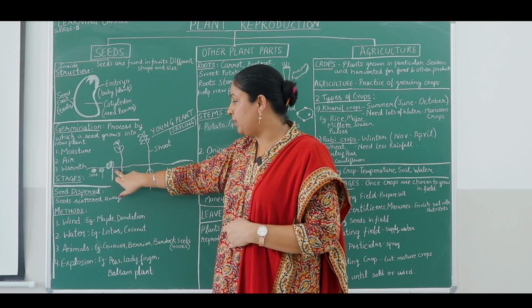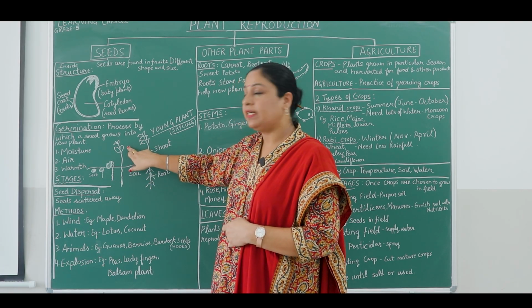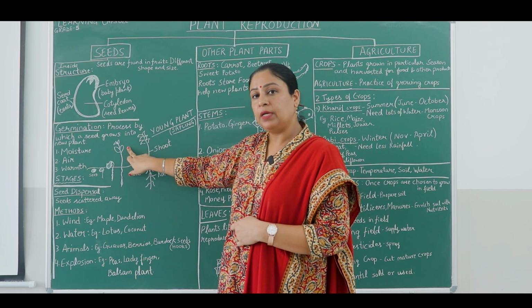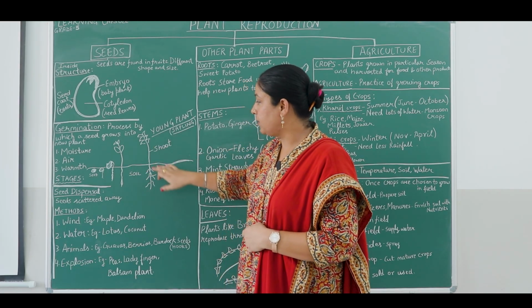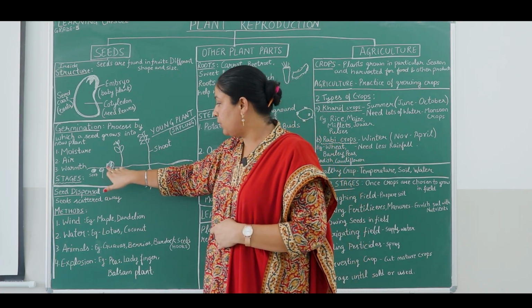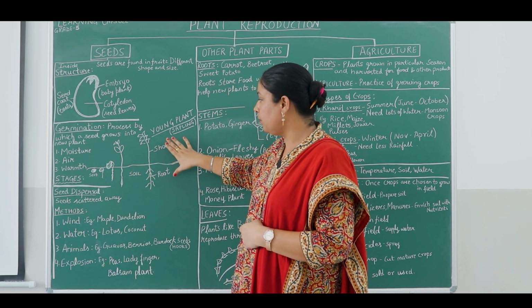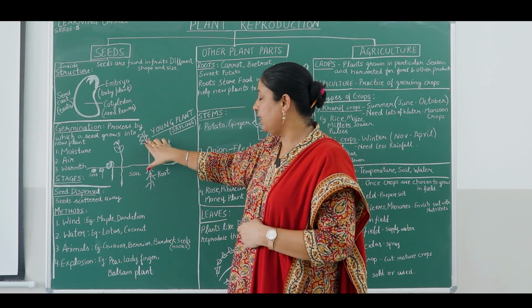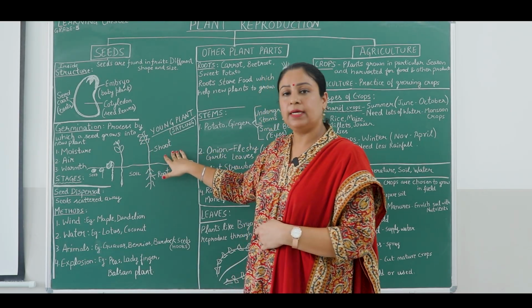The root system develops in the soil, and the shoot system, which contains leaves, develops outside the soil in the air, in the surroundings. So slowly this seed becomes a young plant which has its own leaves, and this young plant is known as a sapling.